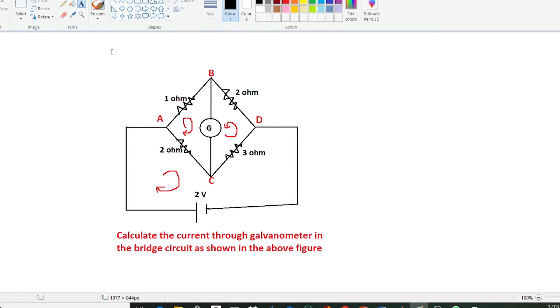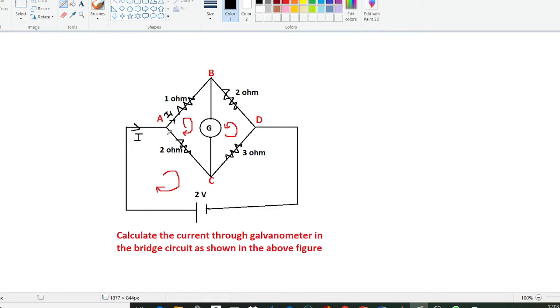So first of all, here we need to show the current distribution in the network. For that, suppose the current flowing in this is I, and here the current flowing in this branch is I1. This is I1.